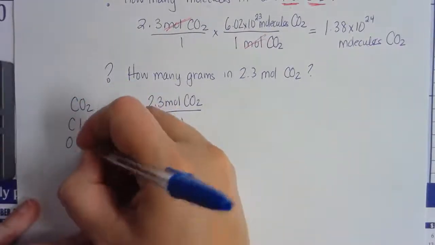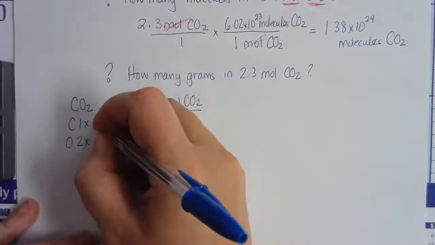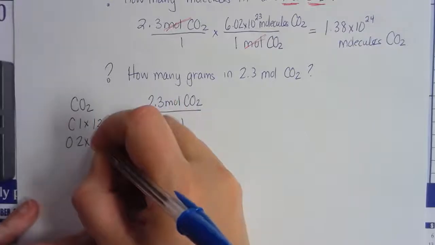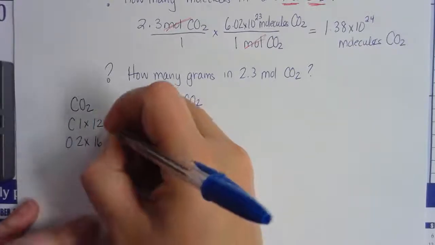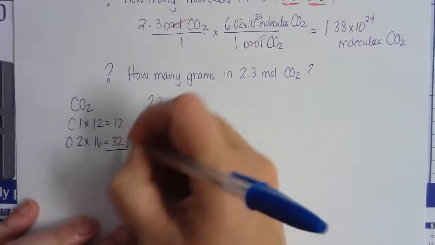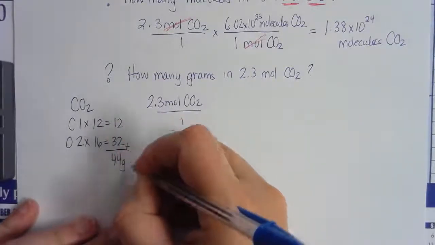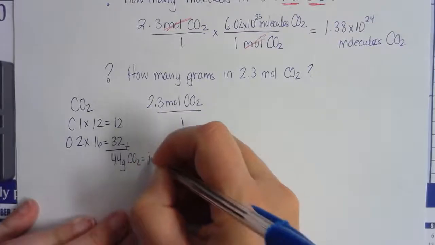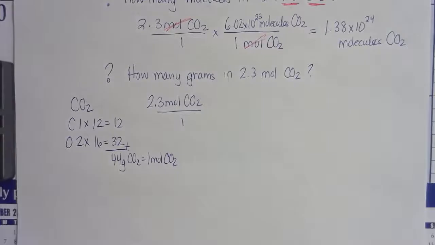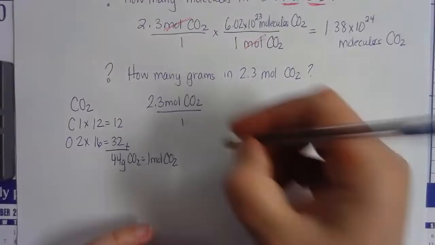Carbon is 12. Oxygen is 16. Okay. Do the math. Add it together. This tells me 44 grams of CO2 equals 1 mole of CO2. That's my conversion factor, and that's what we're going to use in our fraction.